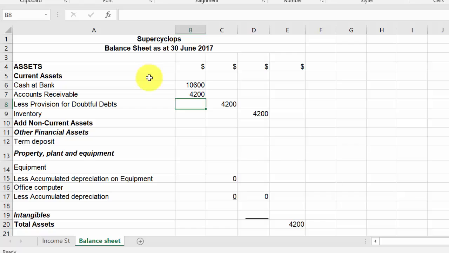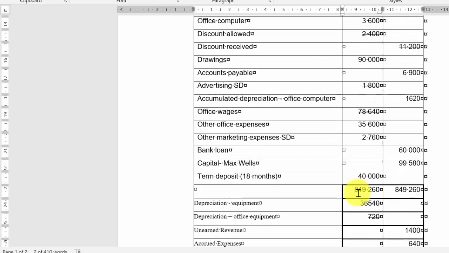Now, I have forgotten something here. Is the fact that I've got to calculate the provision for doubtful debts to get the net amount.